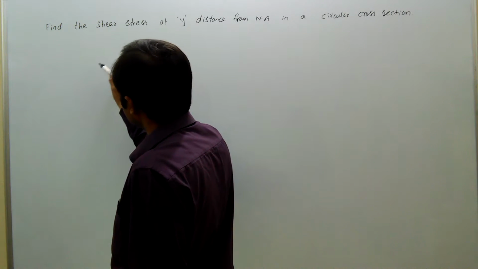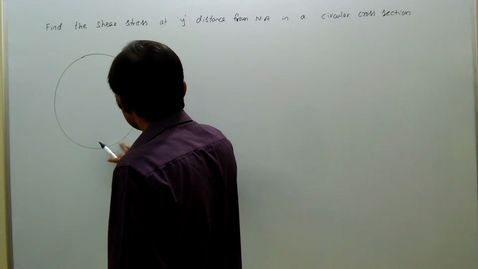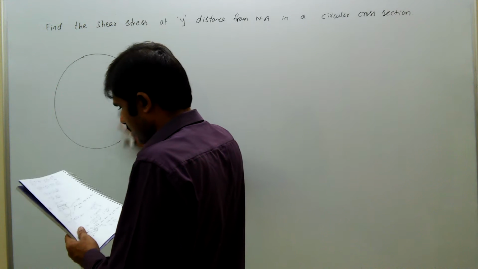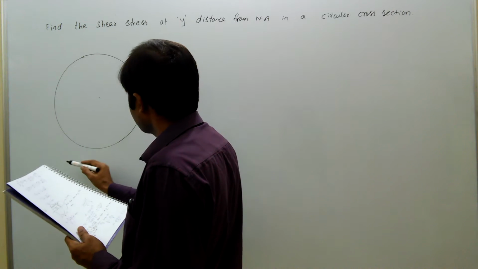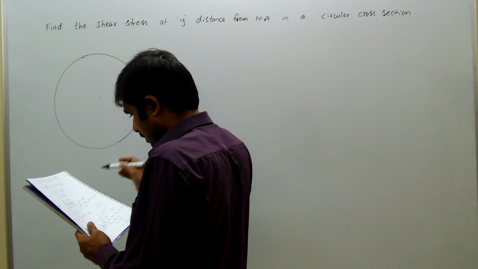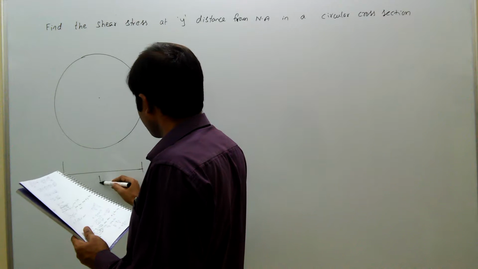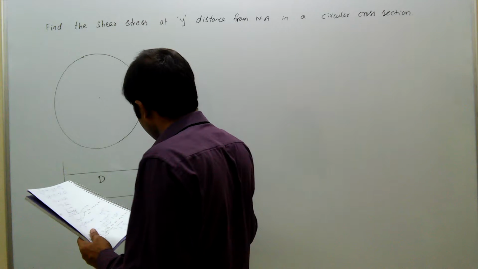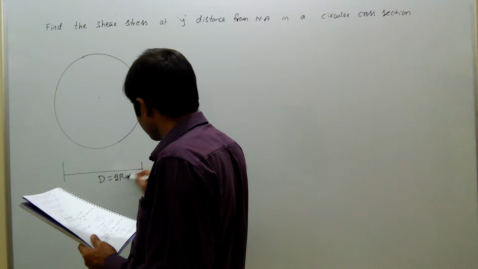So suppose this is the cross section, a circular cross section of radius r, or diameter d equal to 2r, 2 times the radius.